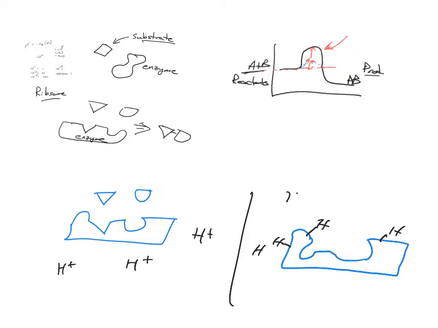When the hydrogen bonds to the enzyme, what you get is a change in shape, so then it doesn't work any longer on those substrates.